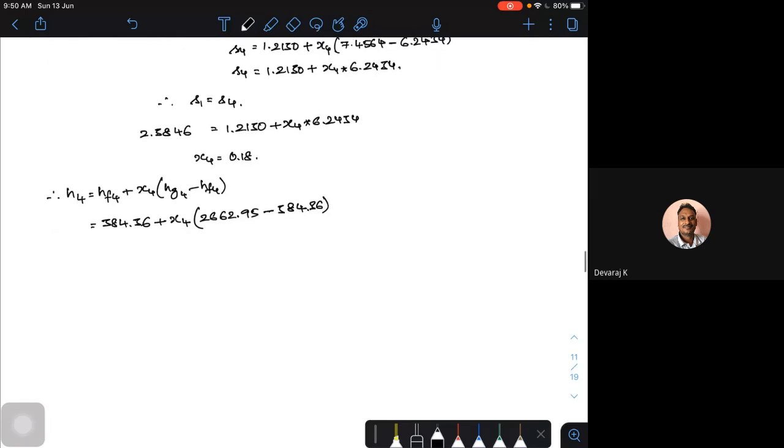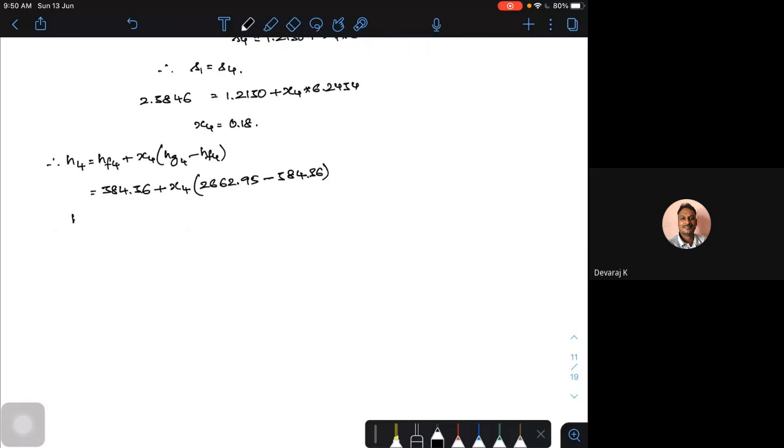So if I do all those things, I'm going to get my H4. I'm just putting it in my calculator. X4 is actually 0.18, a very low value. So I'm getting roughly 795 kilojoules per kg. So this is about your H2, H3, H4.